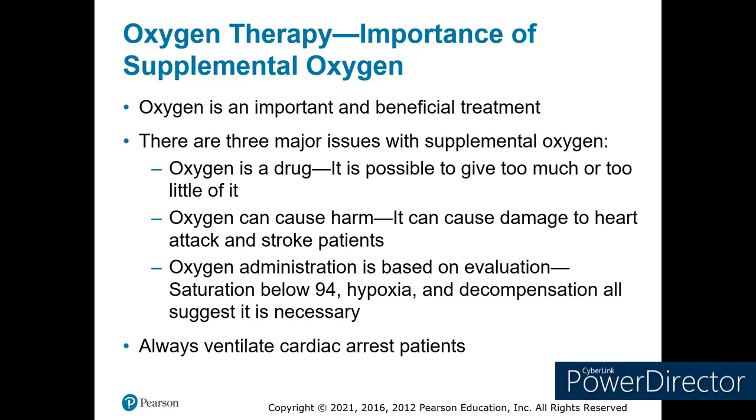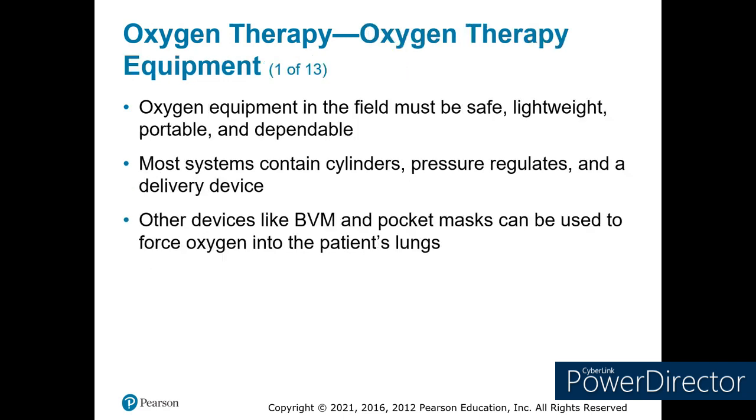When a patient's having chest pain and their O2 sats are in the 90s, upper 90s, they don't need any extra oxygen. If they're in the 80s, they need oxygen. So use a little professional judgment here. And pretty much every cardiac arrest patient is going to need oxygen. They're in that position where they're sick enough that anything's going to help.